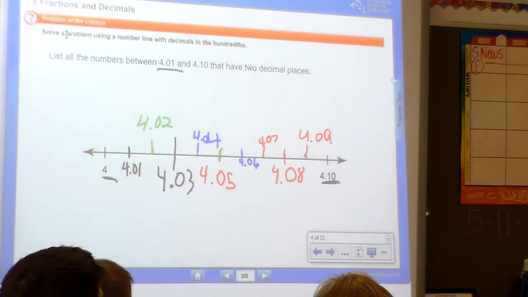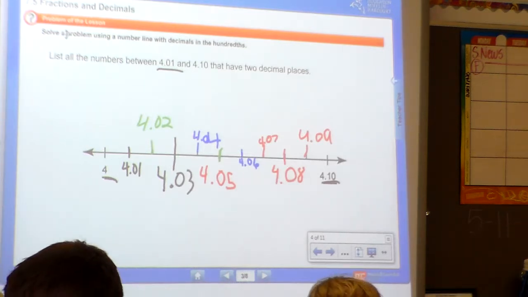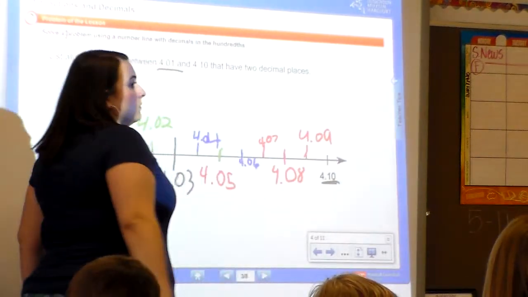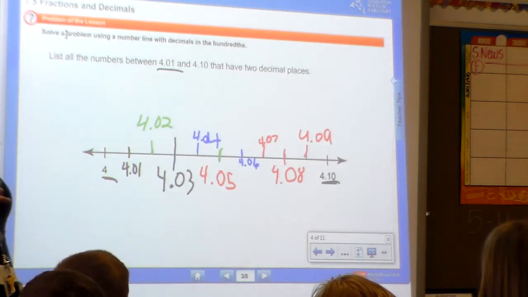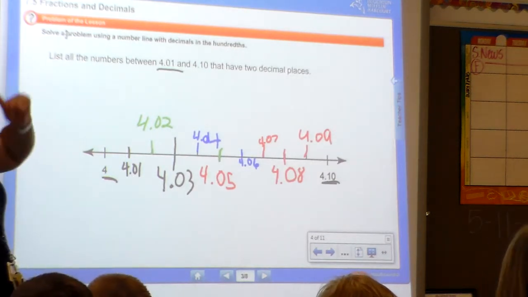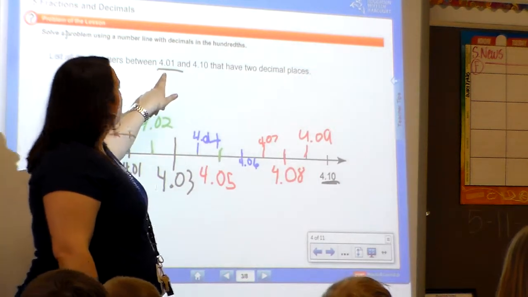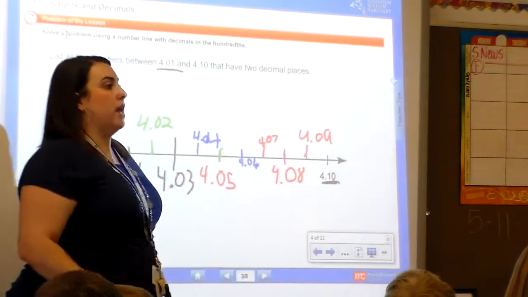So here is my final question to you. This is where you're going to work on your board. I want you to keep this private. This is not something you're going to work on with a neighbor. Now answer the question on your board. It says, list all the numbers between 4.01 and 4.10 that have 2 decimal places. Please do that on your board now.